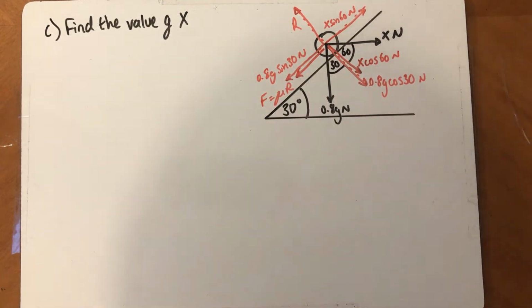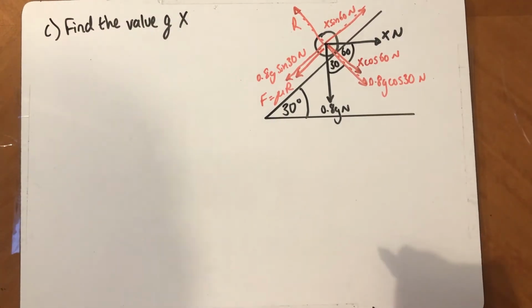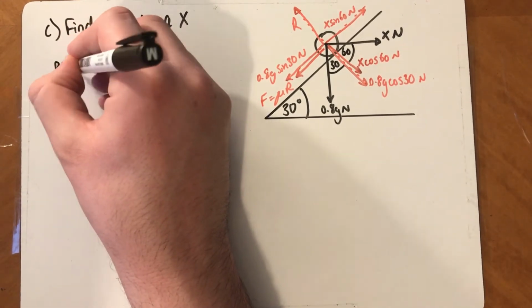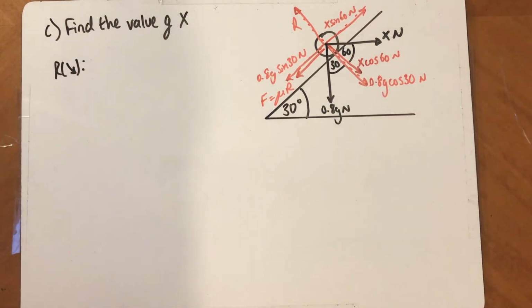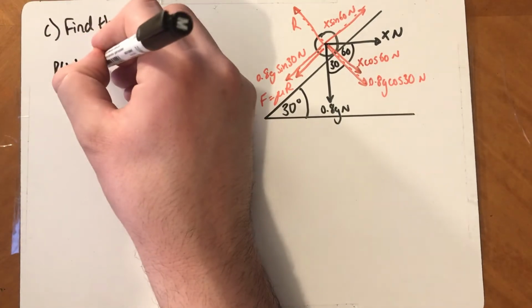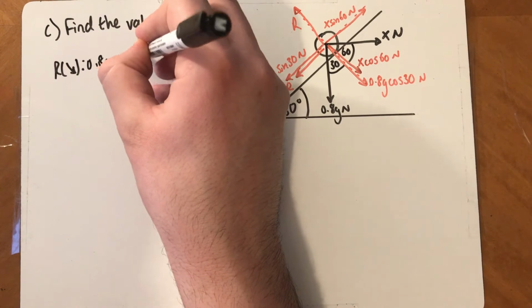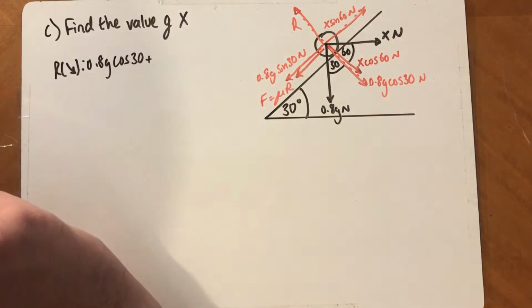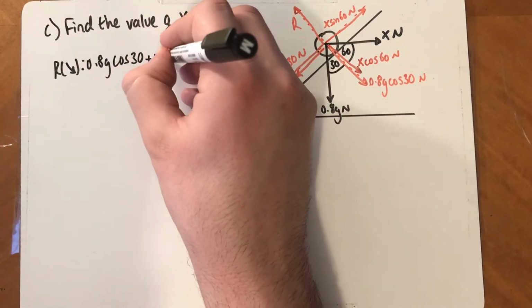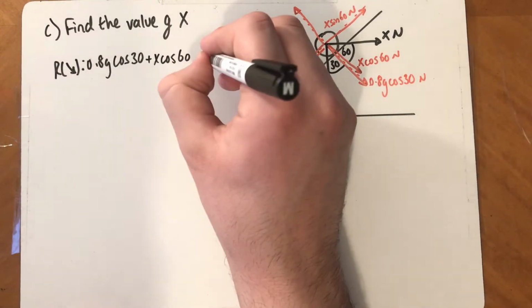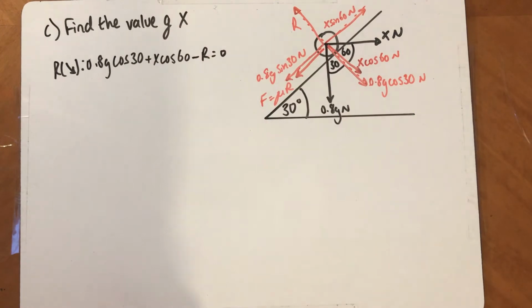Okay, so now we can start to resolve. First of all, I'm going to resolve into the plane. So I have 0.8 g cos 30 plus x cos 60 minus R equals 0.